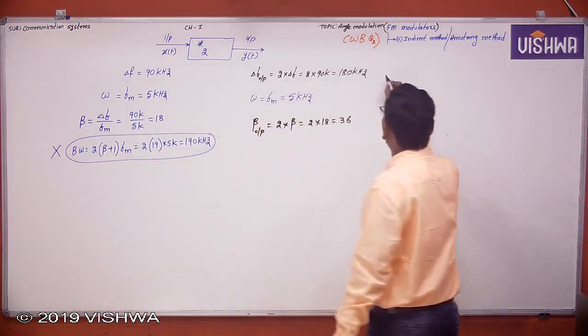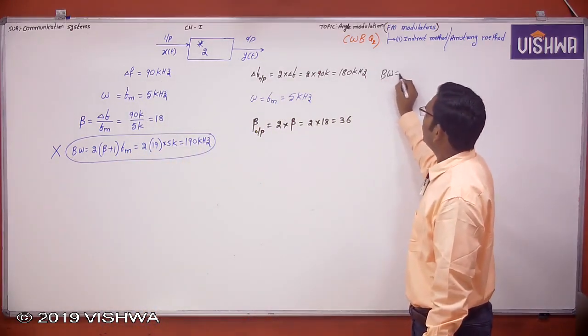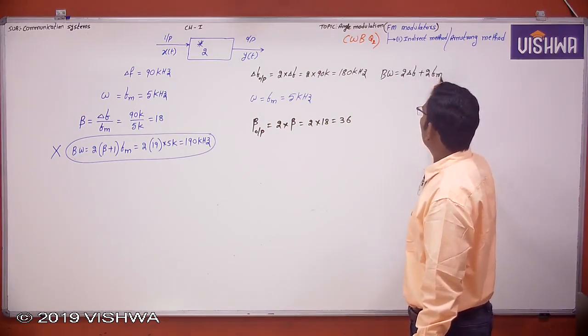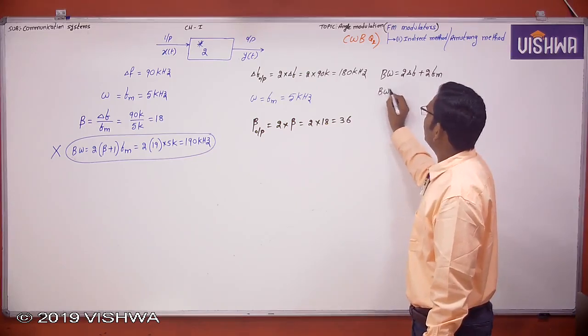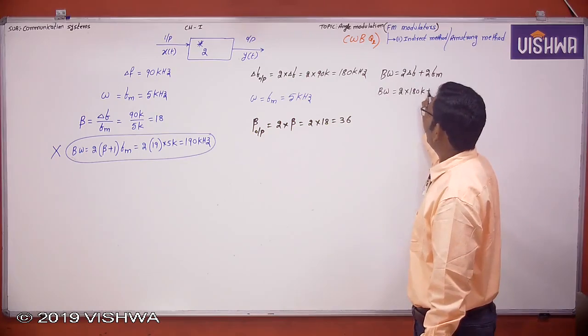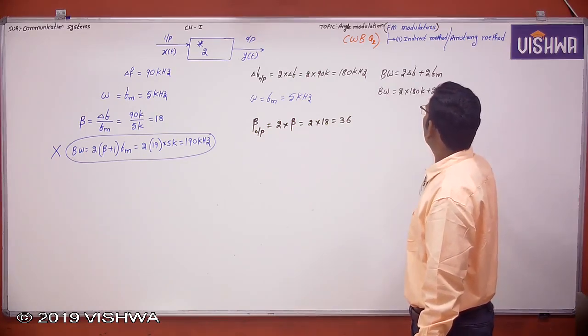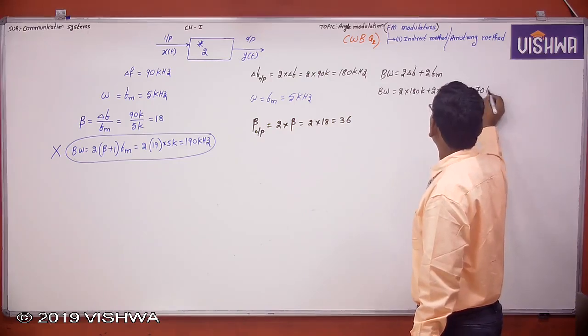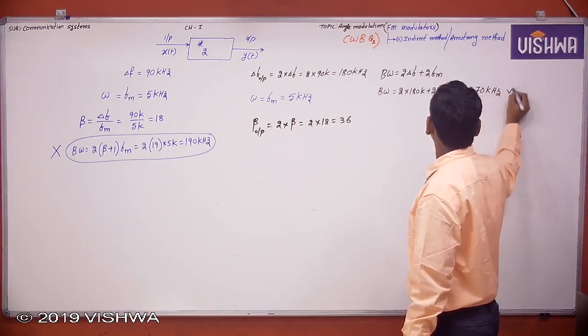Okay. Now the bandwidth formula: bandwidth at the output side equal to 2 delta f plus 2 fm, which is 2 into 180 kilo plus 2 into 5 kilo, equal to 370 kilohertz, which is the correct answer.